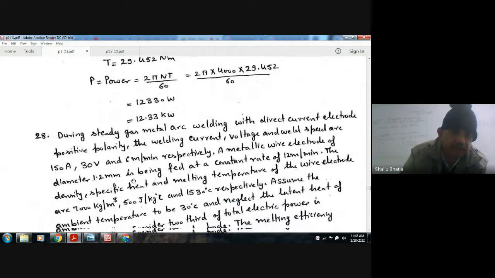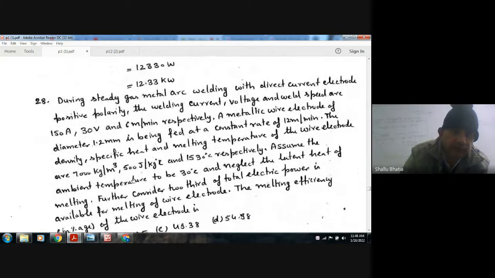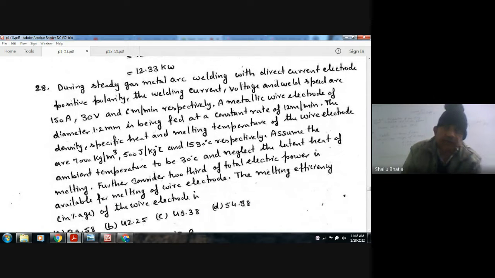Next, during steady state metal arc welding with direct current electrode positive polarity, the welding current, the voltage and weld speed are 150 ampere, 30 volt, and 6 meter per minute respectively. A metallic wire electrode of diameter 1.2 mm is being fed at a constant rate of 12 meter per minute.